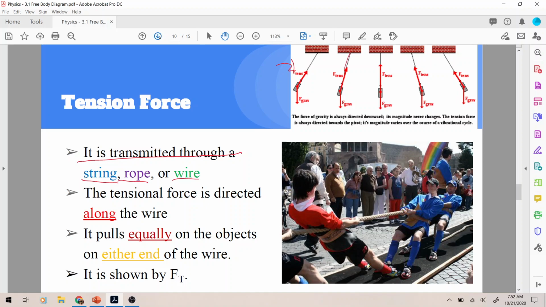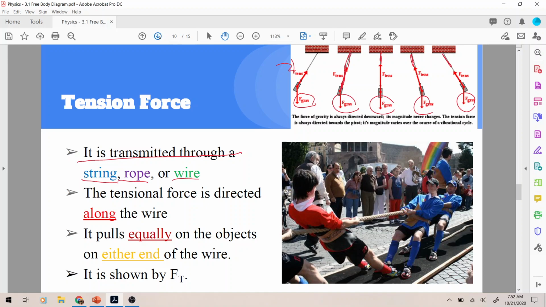Whatever the orientation of the string, that's where the tension is. It is going to be along the string, so whatever the angle of the string is, that's how your tension is shown. And as you can see, gravity is always straight down for all cases, but depending on the angle of the string, your direction of tension might change.